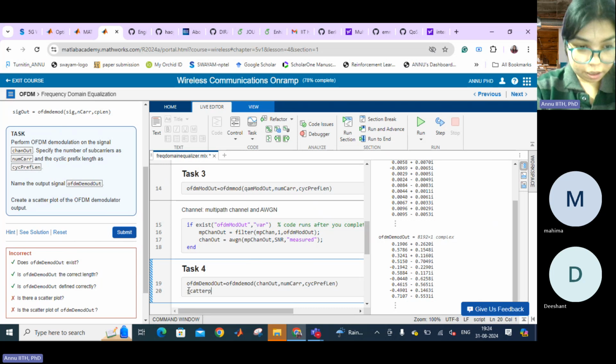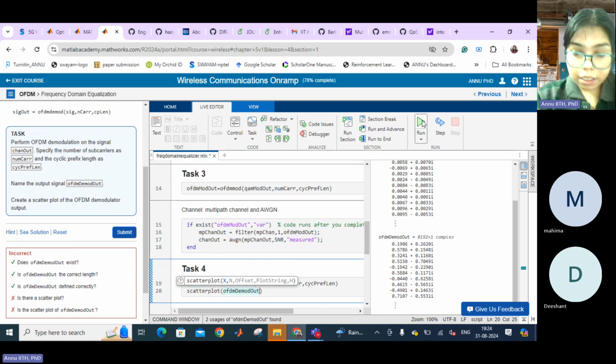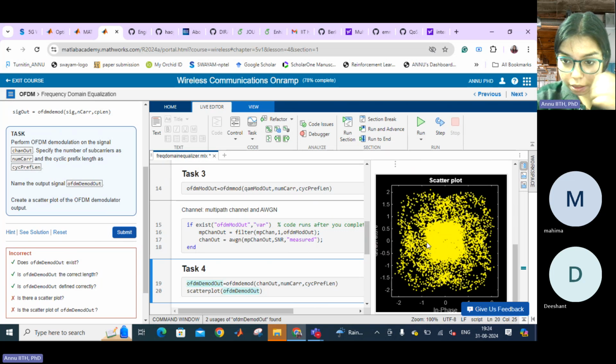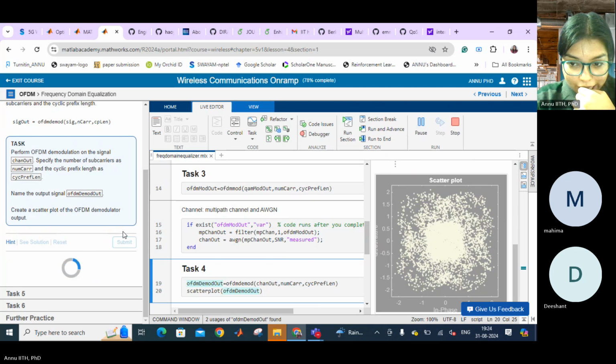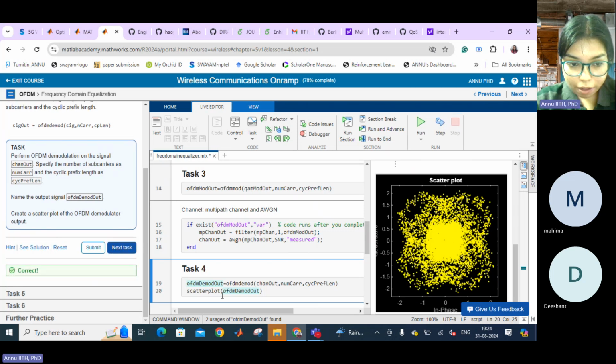Scatter. Let's see this. So yeah, let's see like this. This is the OFDM demod.